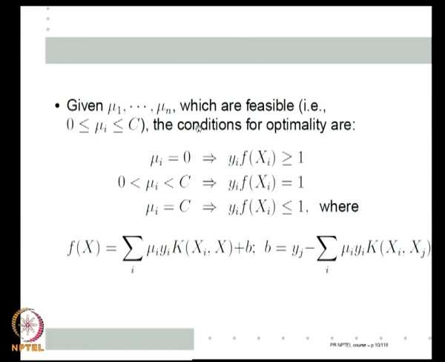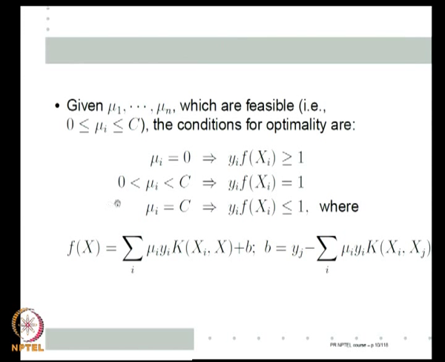If you give me mu_1 to mu_n, then I will define f(x) as summation mu_i y_i k(x_i, x) plus b, where b is given by this for some mu_j greater than 0. As you can see, these are the standard solutions we could have got for w and b if mu were the optimal thing. Then with respect to such an f, this is what all I have to satisfy. For every i, if mu_i is equal to 0, then y_i f(x_i) should be greater than or equal to 1.